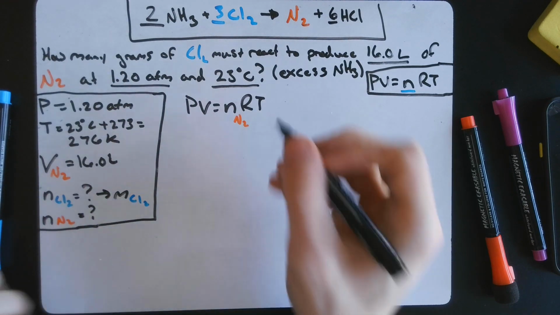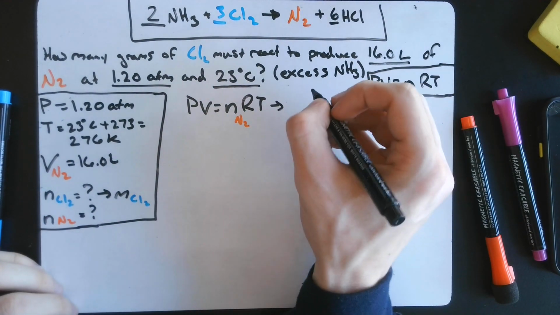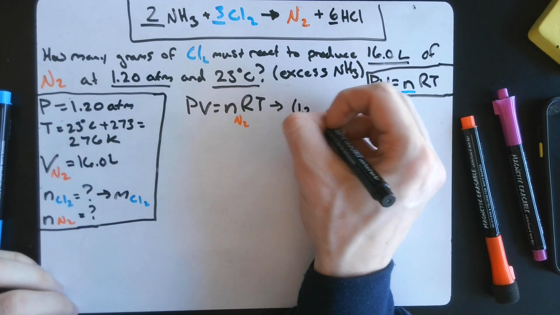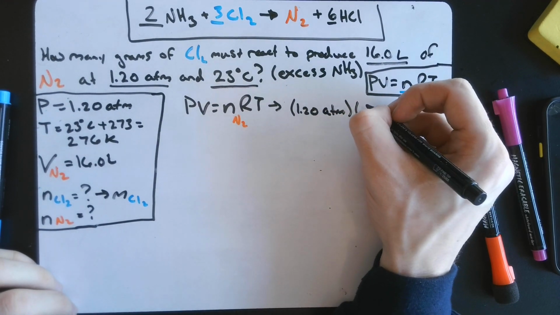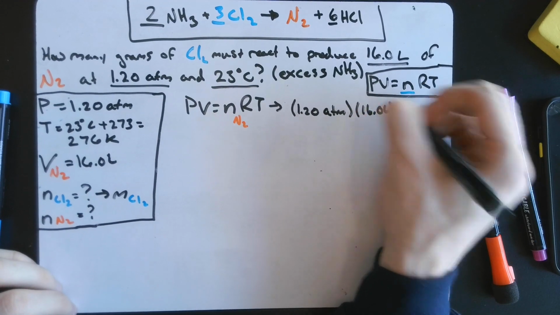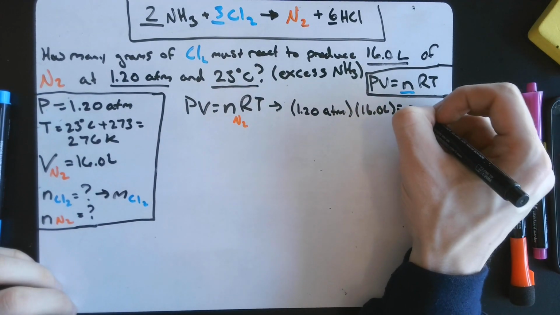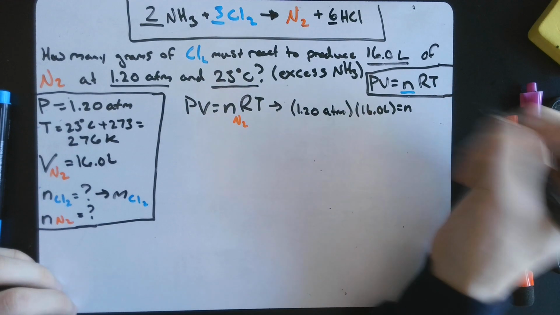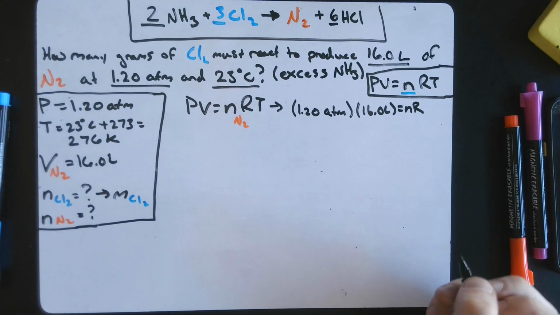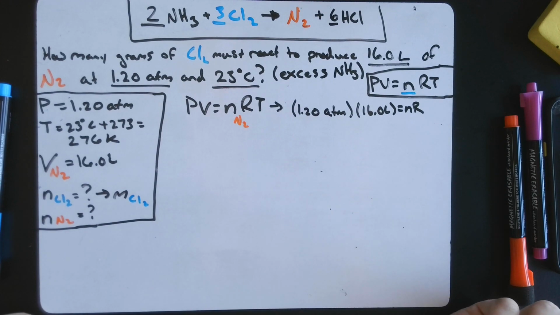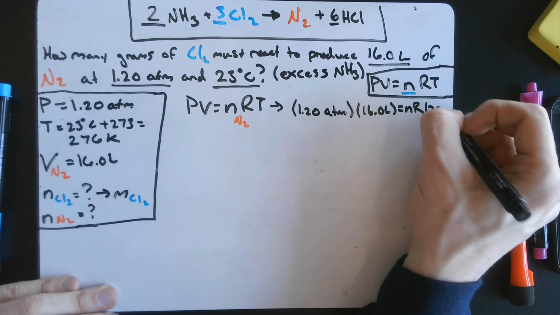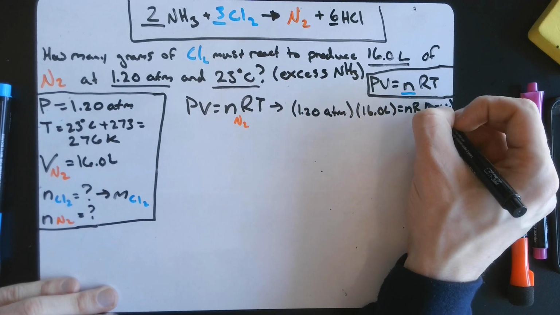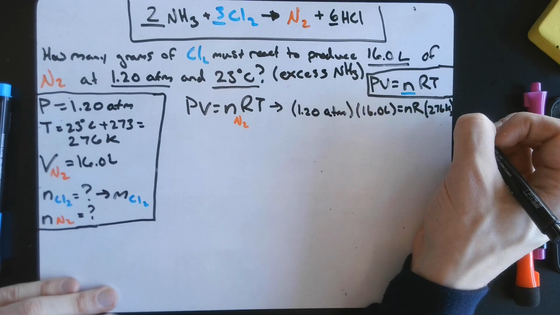We're told that our pressure is 1.20 atmospheres. We're told our volume is 16.0 liters. And we can set that equal to N, which is what I'm trying to get. I'm not going to write the whole letter R because I'm running out of space here on the side, but it's equal to 0.08206. And our temperature, which is 276 Kelvin. Running really out of space here, but I can kind of fit it over here at the end.